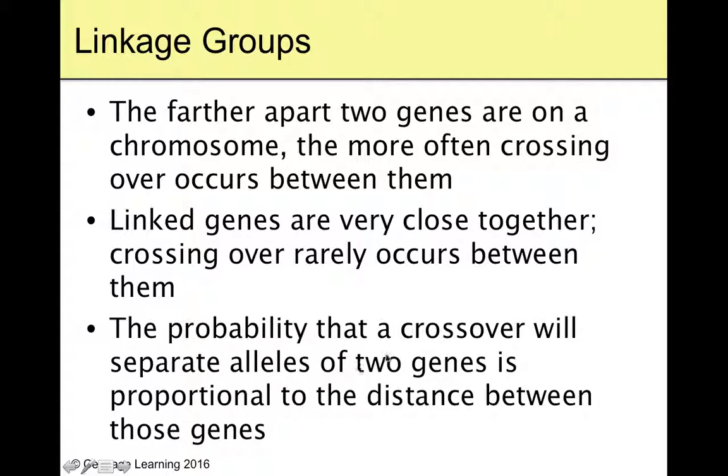And so the probability that a crossover will separate alleles of 2 genes is proportional to the distance between those genes. More distance equals higher probability of crossing over. Make sense? Less distance equals lower probability of crossing over. And if 2 genes are right next to each other, they're pretty much linked.